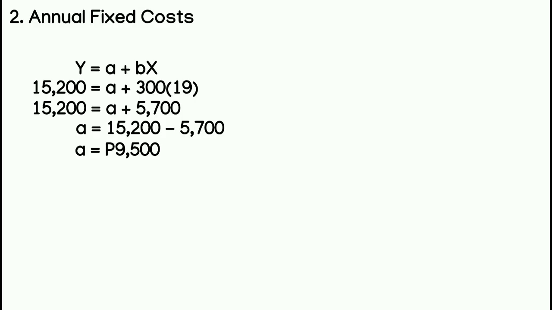Yan na ba yung annual fixed costs? No, it's not yet the annual fixed cost. Kasi yung mga data natin sa problem ay monthly data. Therefore, yung 9,500 pesos dito, yan yung monthly fixed cost. This is 9,500 pesos per month.